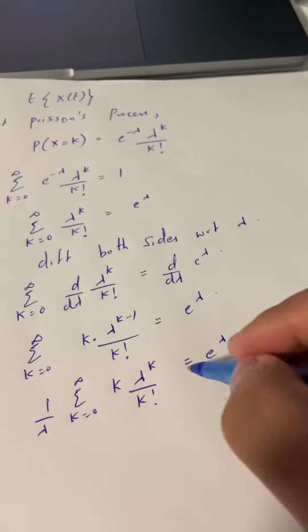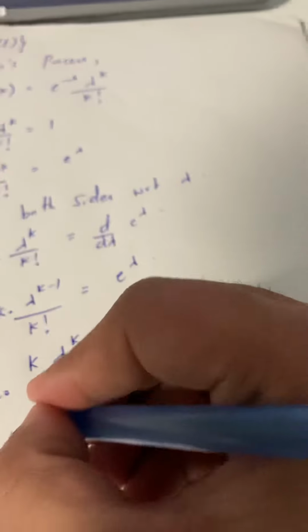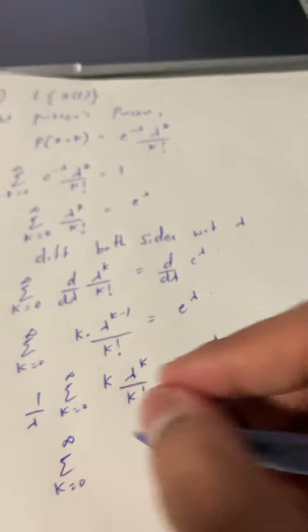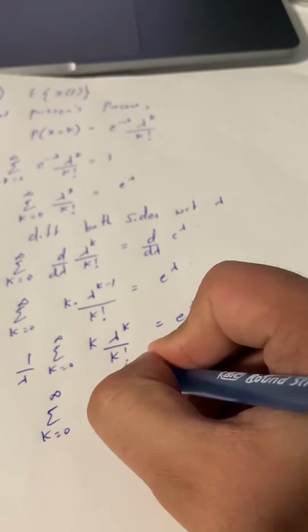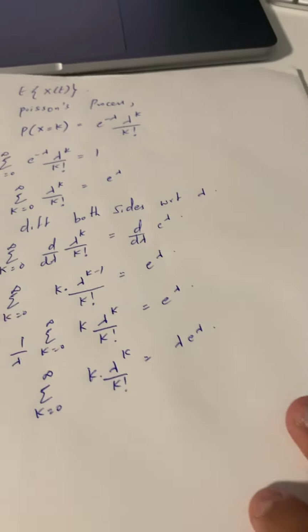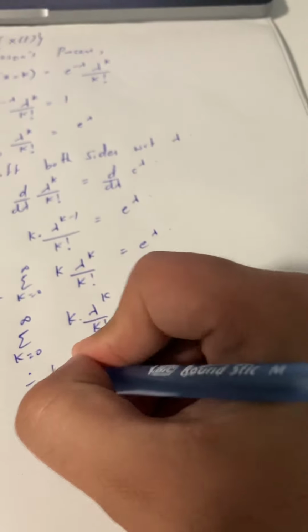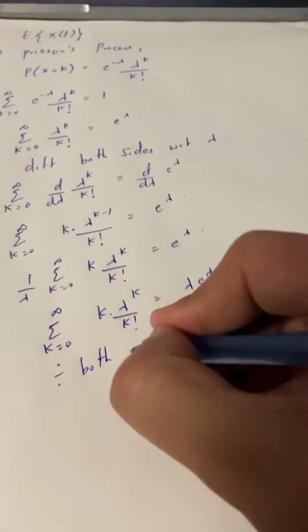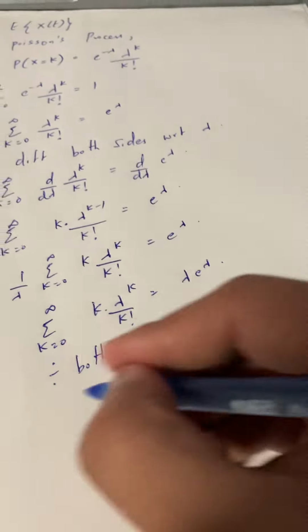Now shift lambda to the right hand side. Sigma k running from 0 to infinity of k into lambda power k by k factorial equals lambda into e power lambda. So divide both sides by e power lambda.